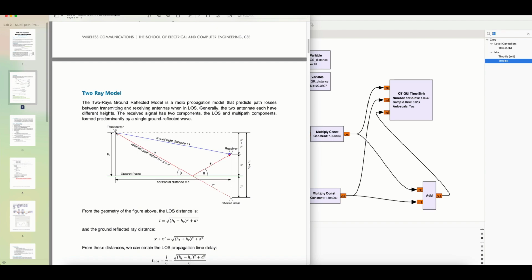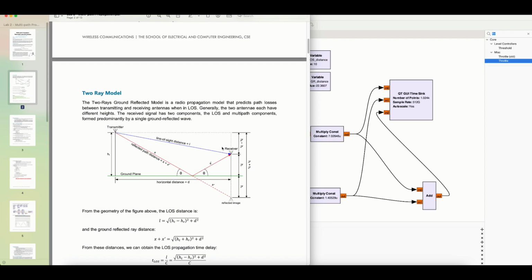You have the height of your transmitting antenna and the height of your receiving antenna. Two-ray model means there are only two copies of the same transmitted signal, due to the reflection with the ground, because here we consider Earth a perfect reflector and the signal is 180 degrees out of phase. This signal is your reflected signal, and this is the line of sight signal.